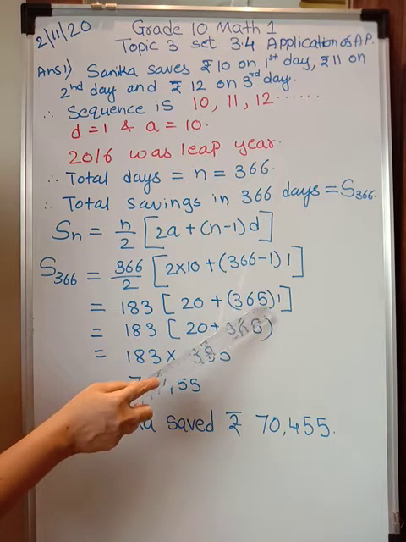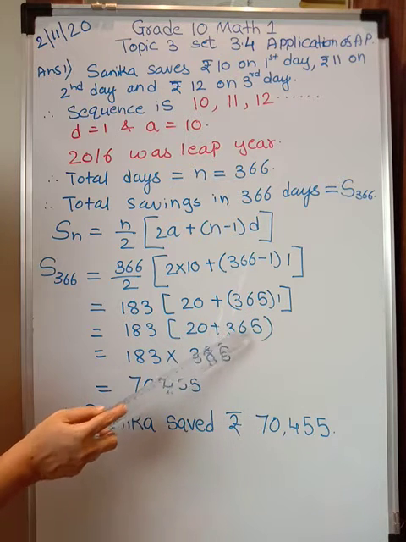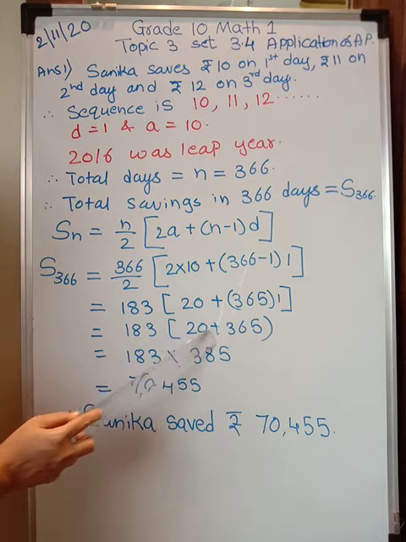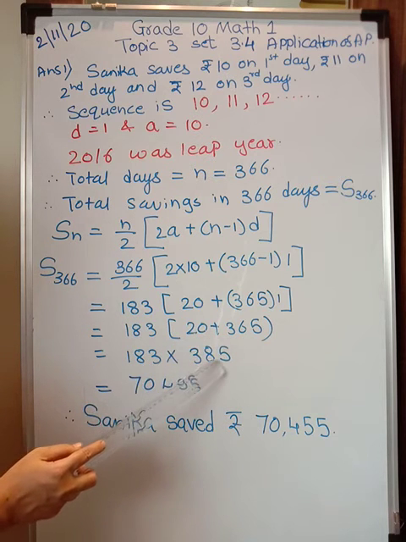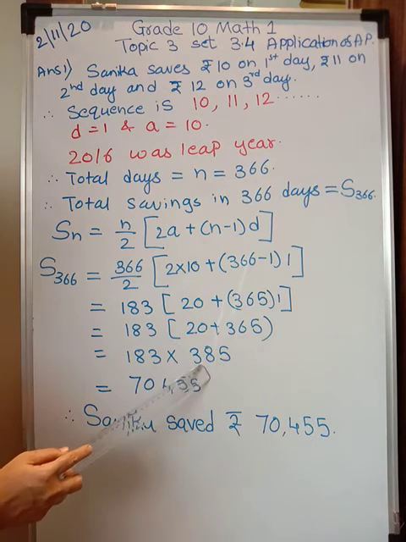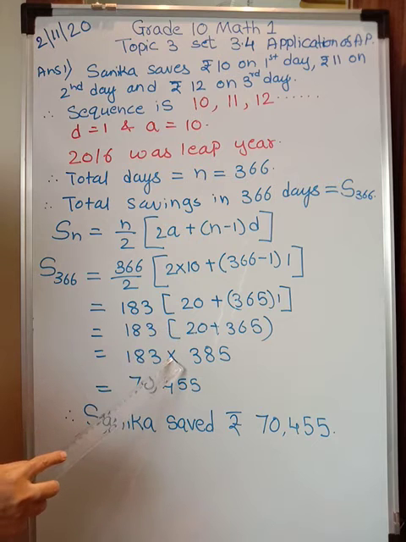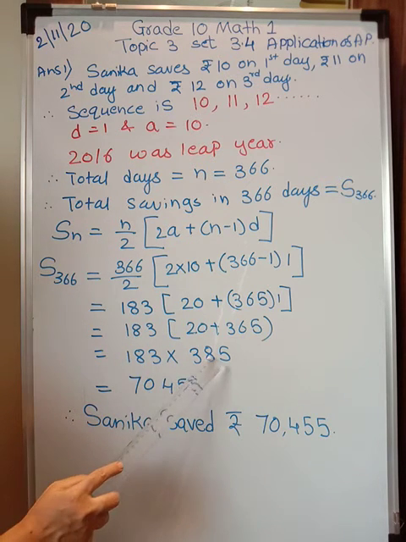Multiply these two, 365 into 1 will be 365 plus 20. So this addition gives out 385. So 385 and here is the multiplication sign into 183 would give you the sum of 366 terms. So what is S366? 183 into 385.